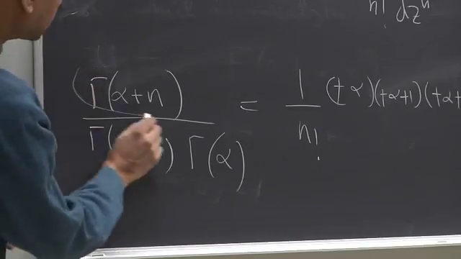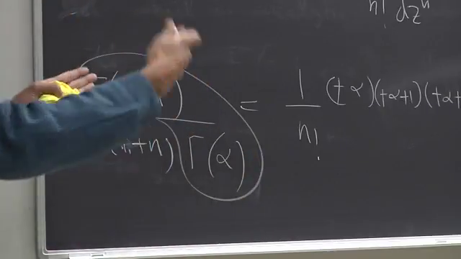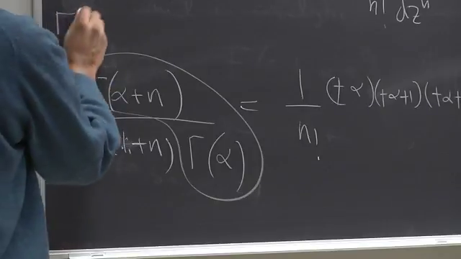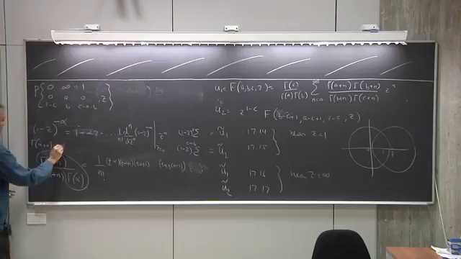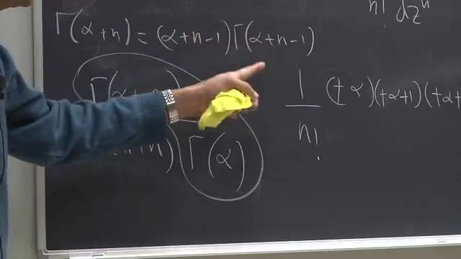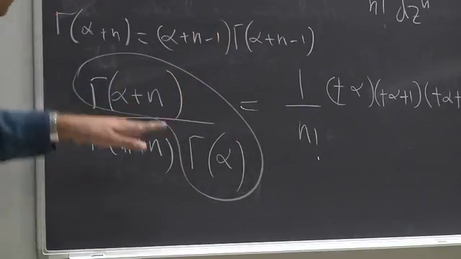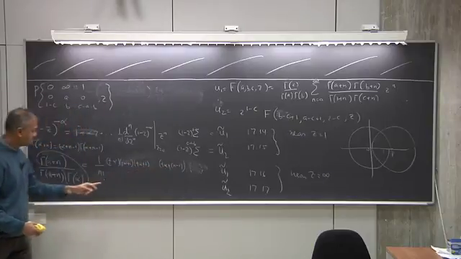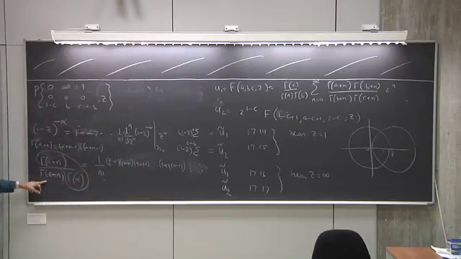Because gamma of alpha plus n divided by gamma alpha, by using the recursion relation gamma of alpha plus n equals alpha plus n minus 1 times gamma of alpha plus n minus 1, and so on, right? You keep doing it again and again, and finally this ratio will be exactly the numerator. And factorial n is simply gamma of n plus 1. So these are the coefficients if you expand 1 minus Z to the minus alpha.